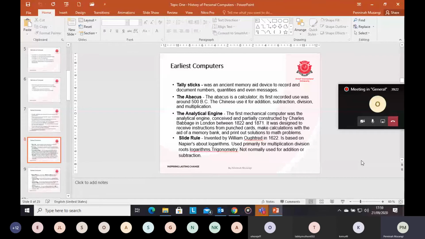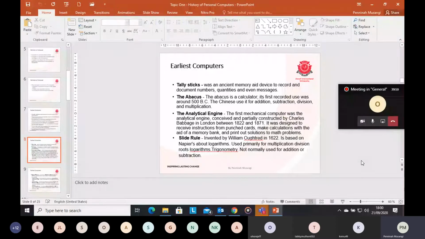So we have said that the first form of computer was a human being, but we can trace other earliest forms of computers, and I start with what we call the tally sticks. The tally sticks, as we know, are used in calculations, addition, subtractions, and it's a memory aid device to record and document numbers, quantities, and even messages.